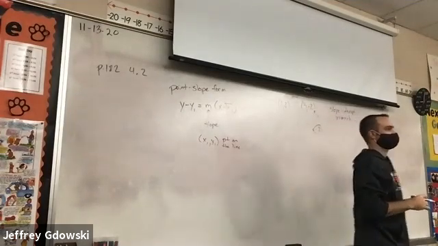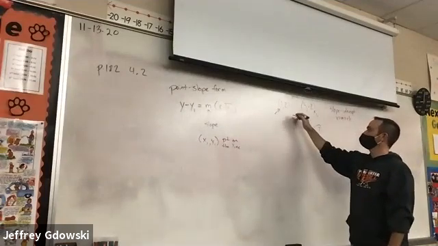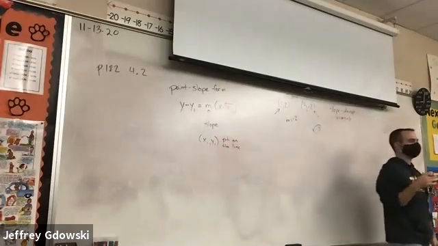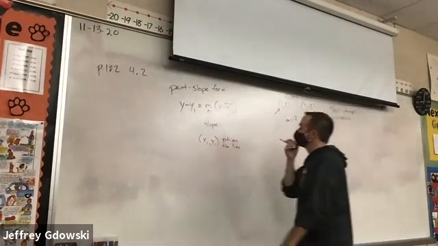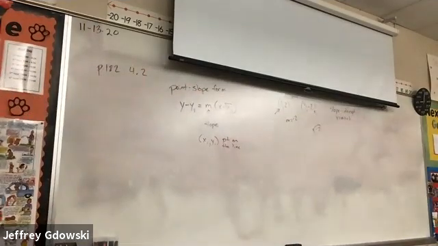This half of the room, I want you to plug in this point with that slope. Come up with your point slope form, please. You're creating point slope form with a point on your side and that same slope.